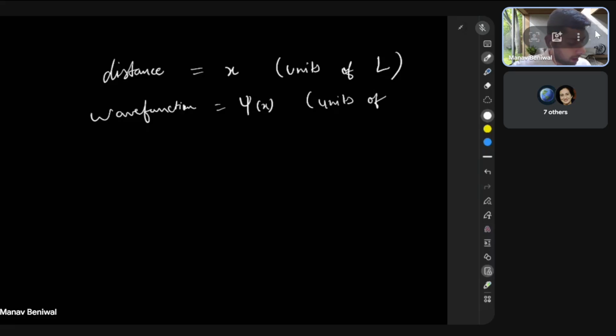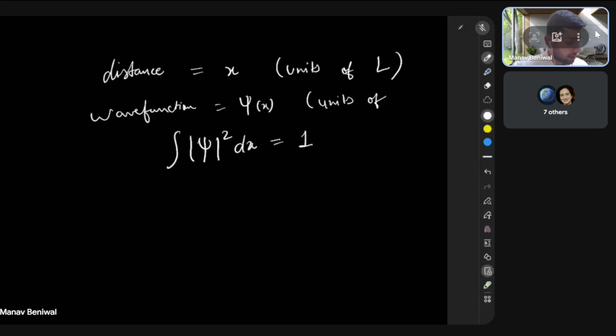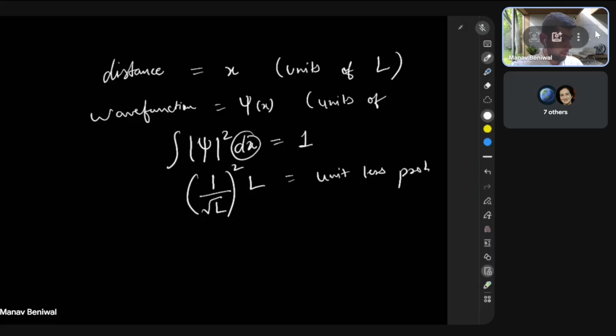Okay, forget that, we know the normalization condition, right? That psi square dx, correct, psi square dx is 1. Now this has dimensions of length, so our psi must have dimensions of 1 over under root L, such that when we square that and multiply by L, we get a unitless probability, right?